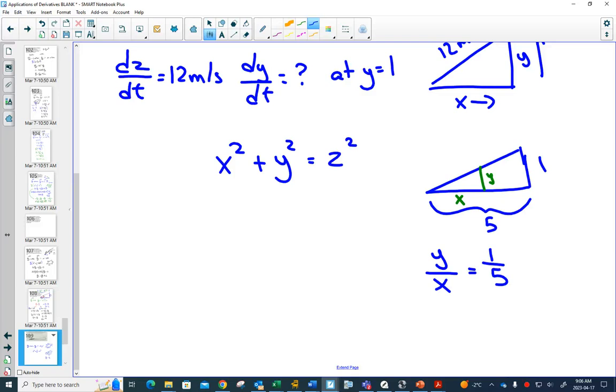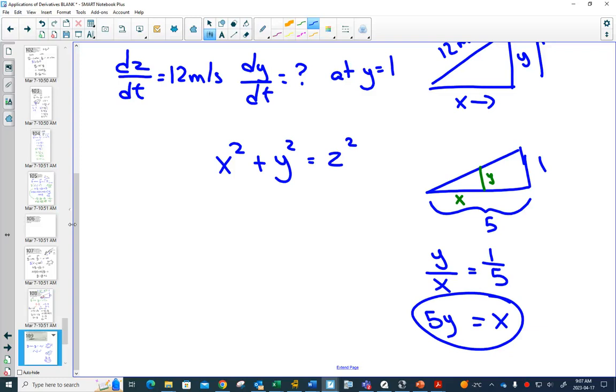And what that allows us to do by rearranging this, so we can multiply both sides by x and multiply both sides by 5, is we can say there's a relationship between x and y: that x is always going to be 5y.